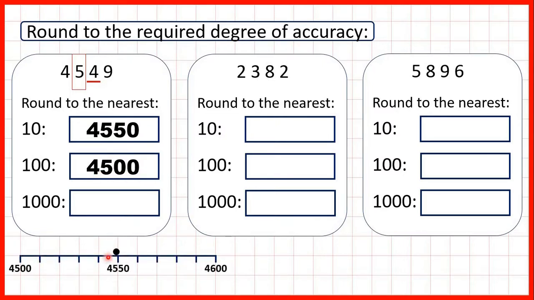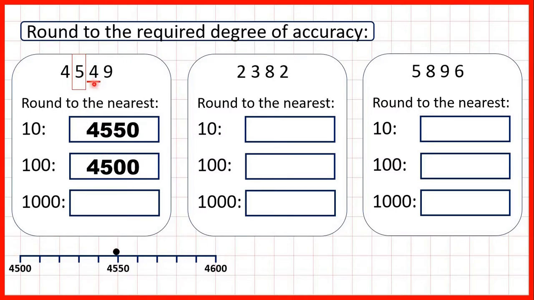And again, the number line can help us to understand what's really happening. If I were to keep on counting up in hundreds, I would eventually say 4,500, then 4,600. Now, when we're rounding, what we're doing is working out which of these multiples of 100 is this number closer to.